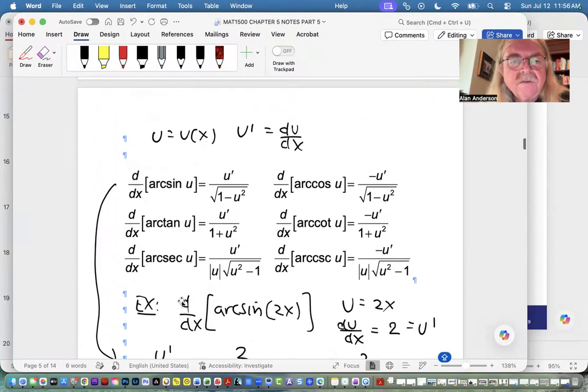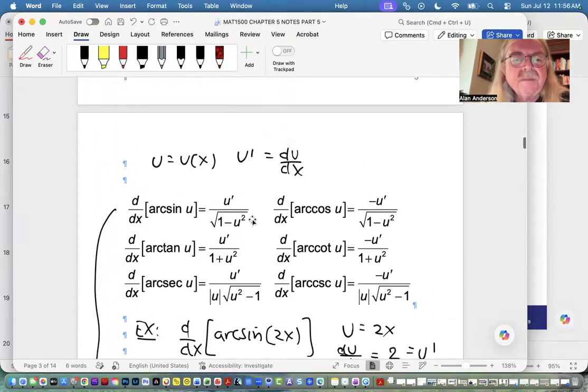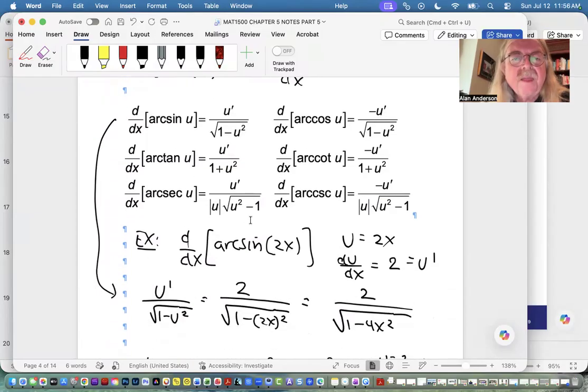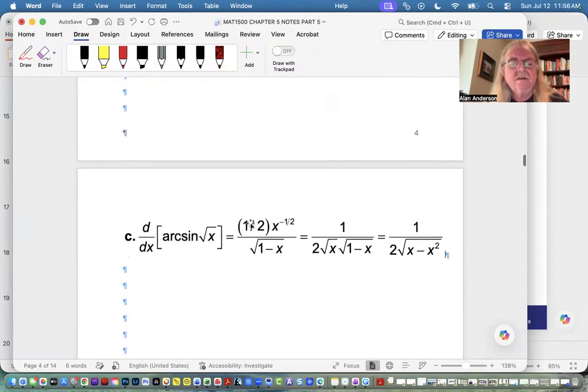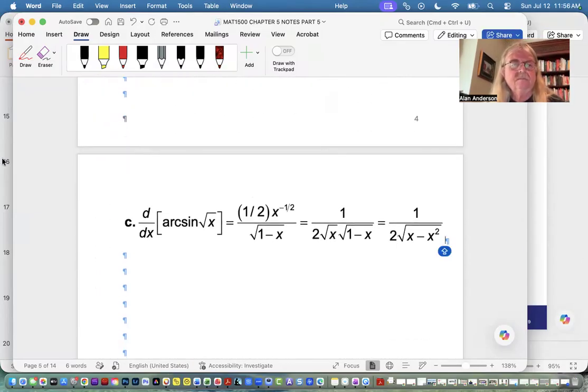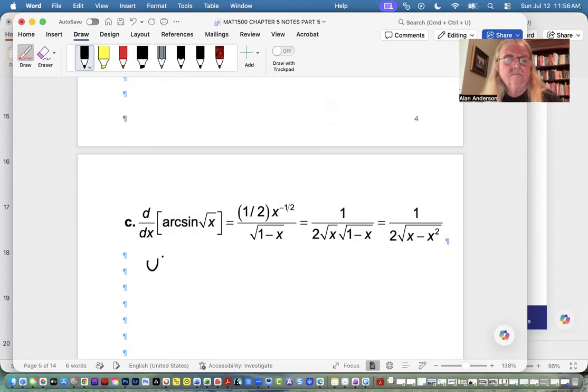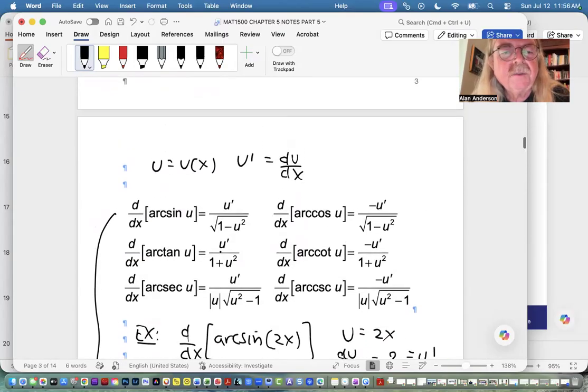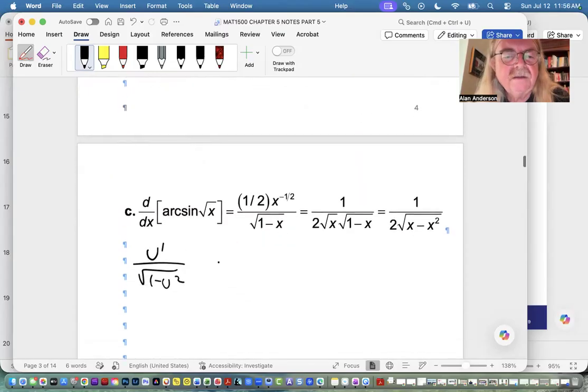All right, so the arcsine formula is this one, U prime over radical 1 minus U squared. Okay, let me just double check. Arcsine, yeah, U prime over radical 1 minus U squared.